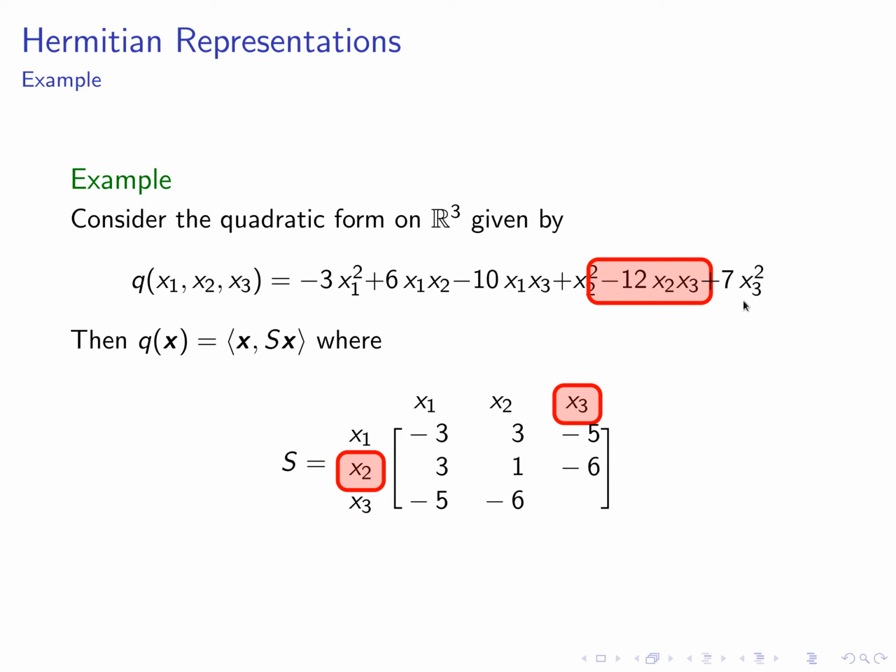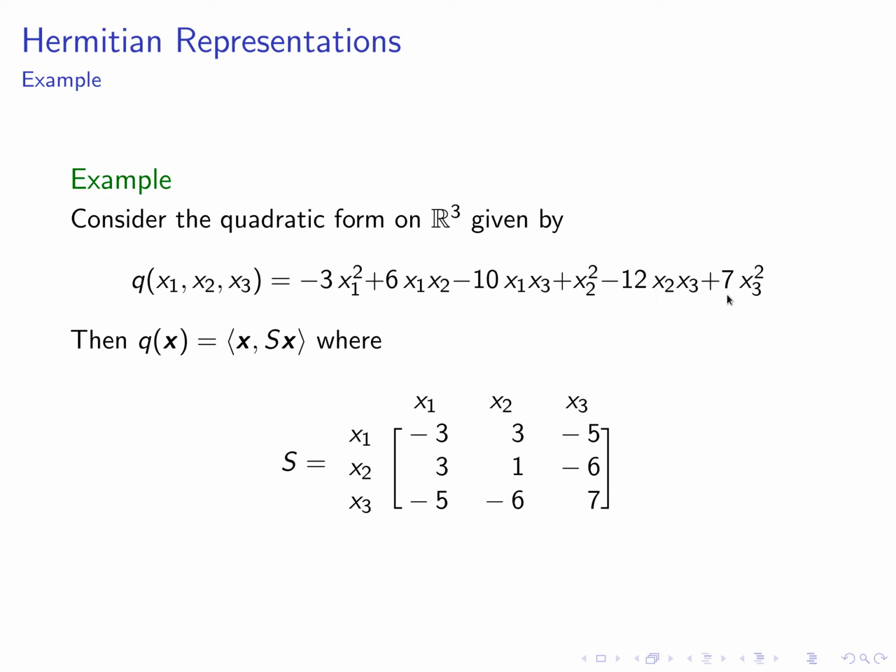Our last term in the quadratic form is 7 times x3 squared. So let's take that 7 and place it in the 3, 3 position of this matrix. So 7 goes in the last missing entry of our 3 by 3 matrix. And now we're done. We've gone through every term of our quadratic form.